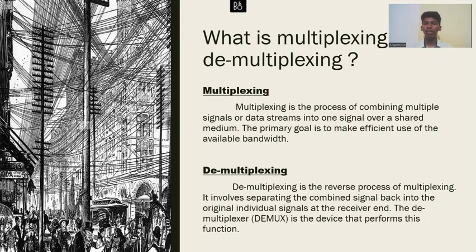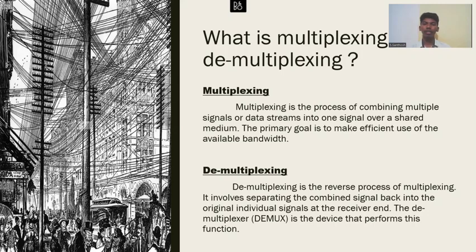The primary goal is to make efficient use of the available bandwidth. In communication, when we have many data to be transferred, instead of using a wide range of bandwidth or frequency to transfer just one single data, we can split that up into many channels and transfer multiple data. That's why we use multiplexing.